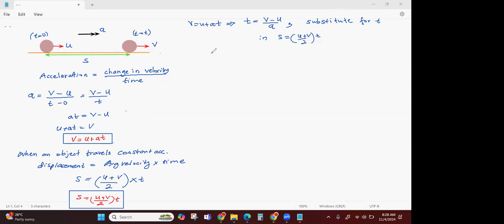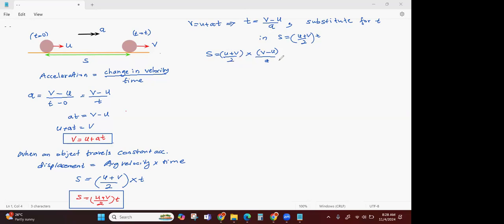So then I get S equals u plus v divided by 2 times t. Now t is equal to v minus u over a. Simply in this equation for time, I'm substituting v minus u over a. Is that clear? Okay.